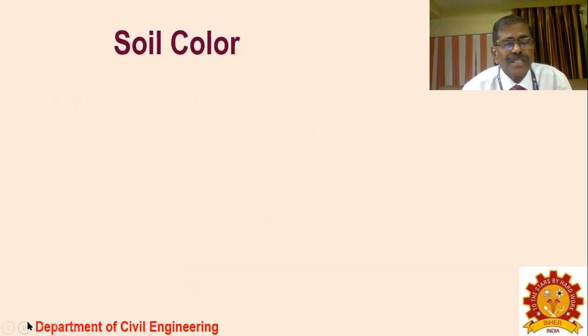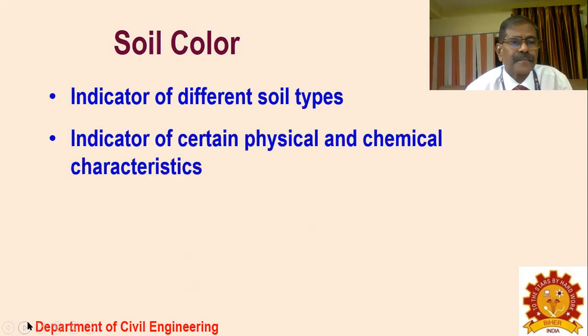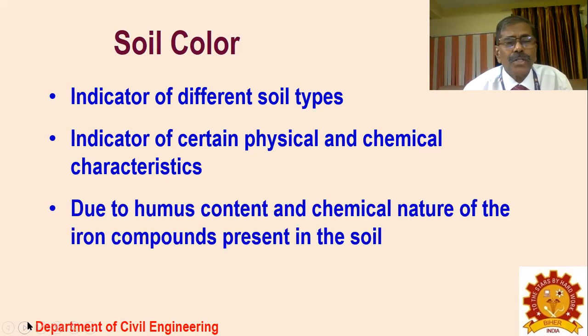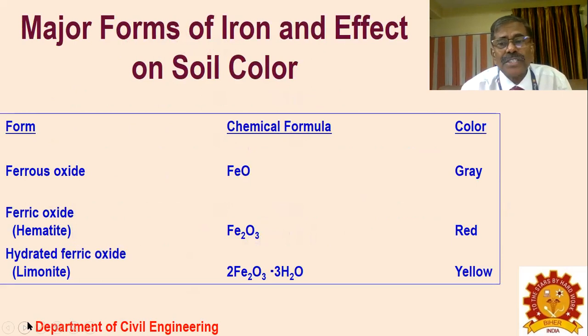Soil color is very much affected because of the minerals and other things present in the soil. It is an indicator of the different soil types, and of certain physical and chemical characteristics. Due to humus content and the chemical nature of the iron compounds present in the soil, soil color varies. Ferrous oxide gives a gray color to the soil.